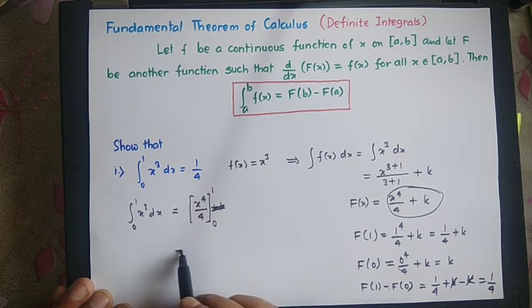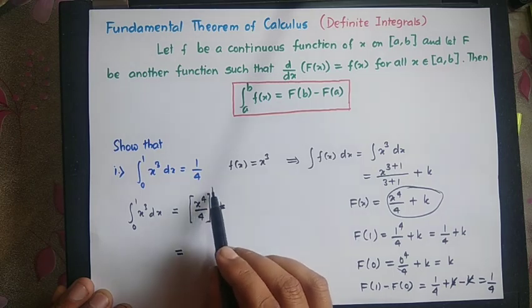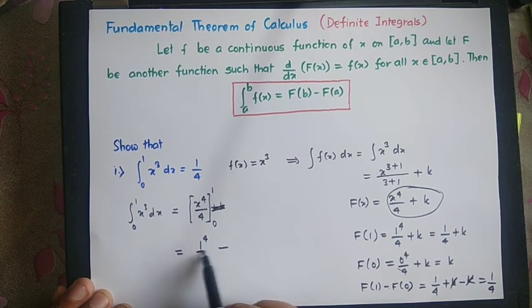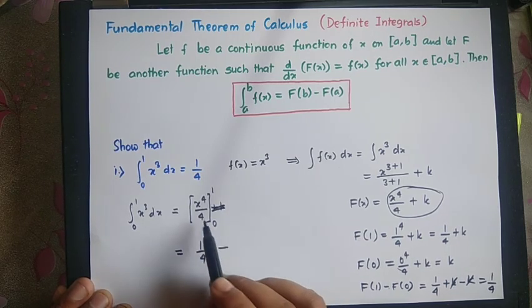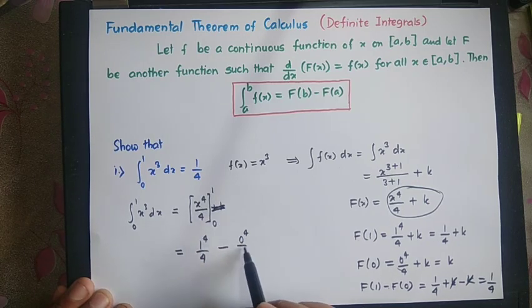We put the value of the upper limit first, that is 1 to the power 4 by 4, minus the value for the lower limit, that is 0 to the power 4 by 4. This is 1 by 4 minus 0, so my answer is 1 by 4.